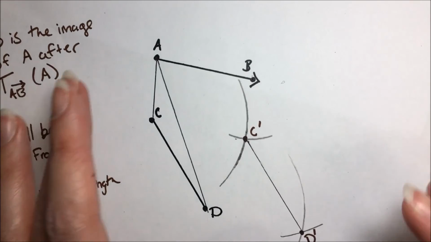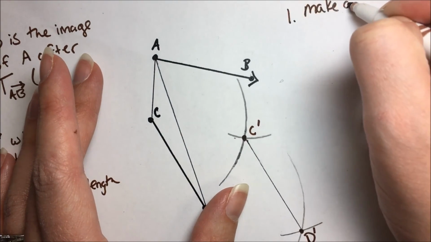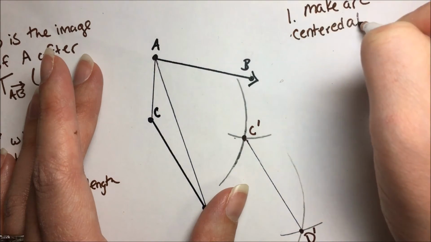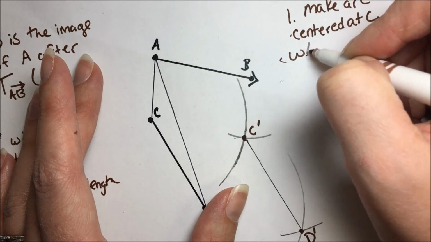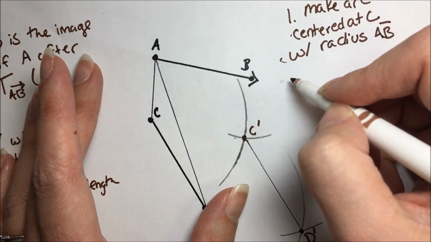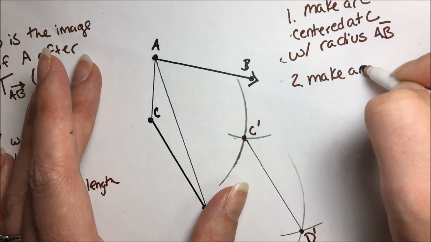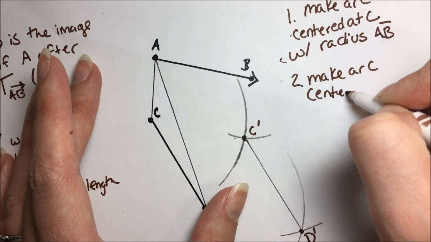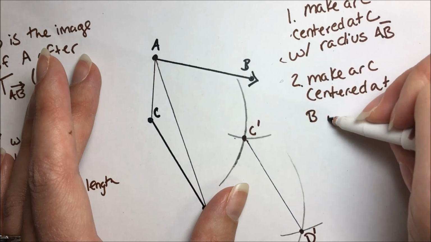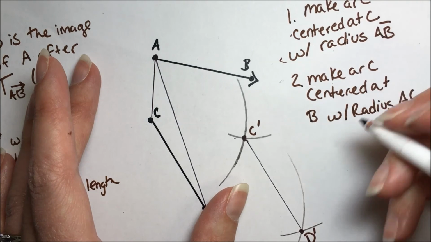So here are my steps. Step 1. Make arc centered at C with radius AB. 2. Make arc centered at B with radius AC.